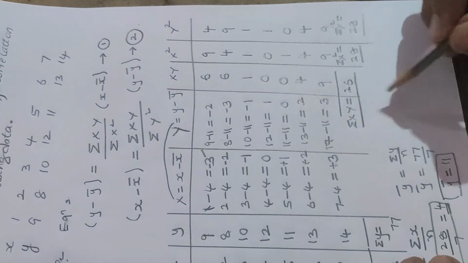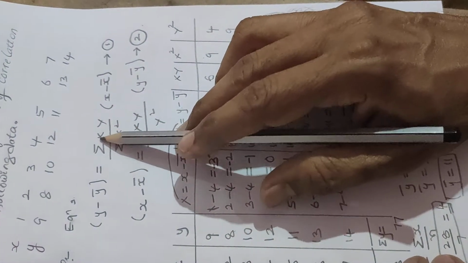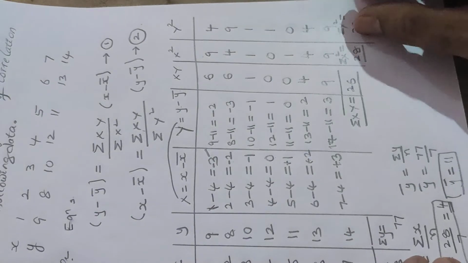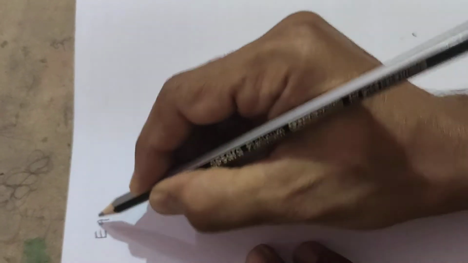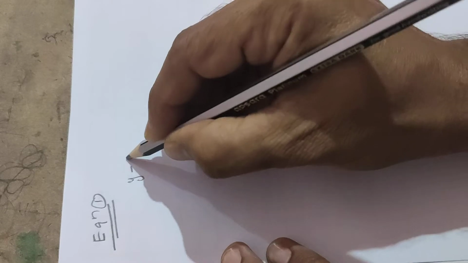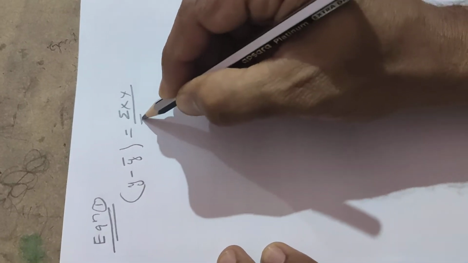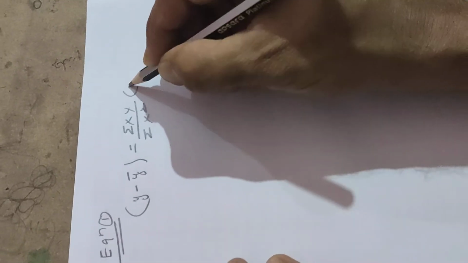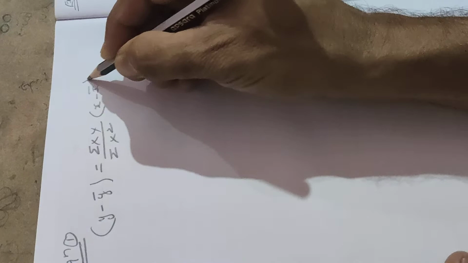Now I'll substitute all this data in equation 1 and 2. So I'll take equation 1 first. Write equation 1 first, that is line of regression y on x. Y minus y bar is equal to sum of xy by sum of x square into x minus x bar.